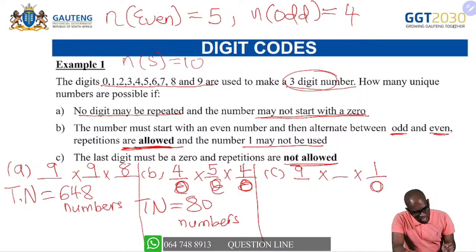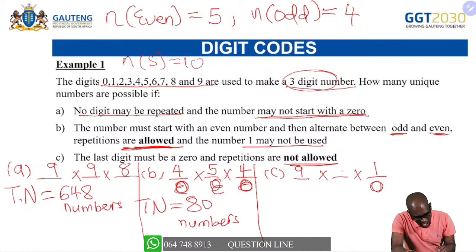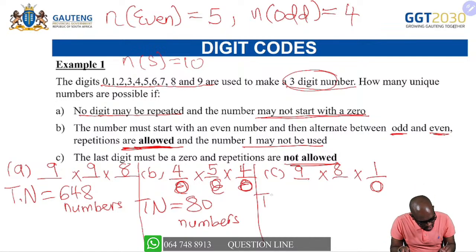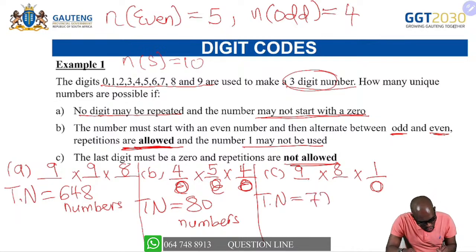The second position, since we've used now 2 digits, we've used 0 in the last position and we've used another number in the first position, which means that we've used 2 out of 10. We are now left with 8 numbers. Now, if you multiply to get the total number of numbers that you need, it's 9 multiplied by 8 multiplied by 1. So this is 72 numbers.